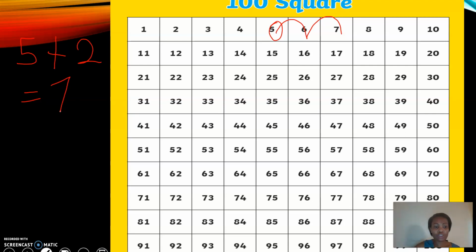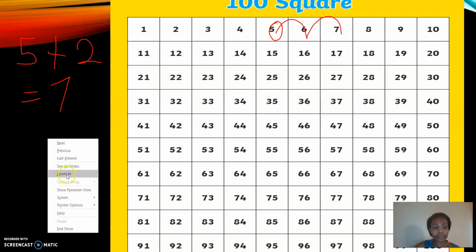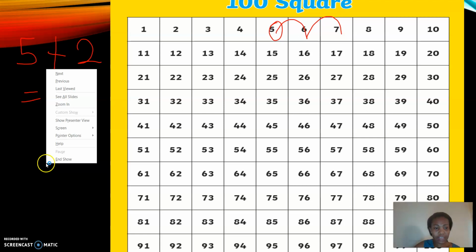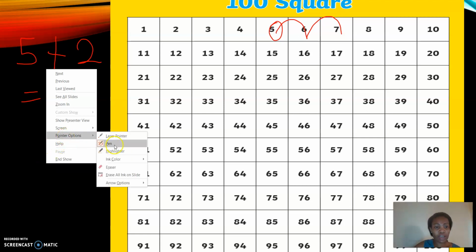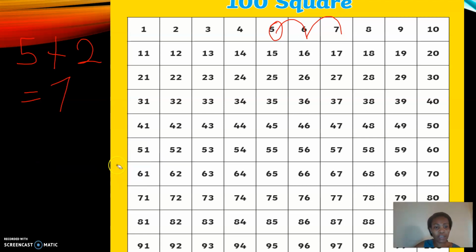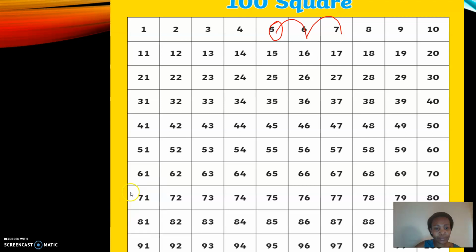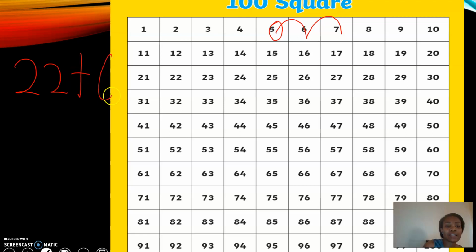Okay, so let's try another one here. Let me try and erase it first so that you can have a cleaner page. So if I write this time, okay, I have, let's say, 22 plus 6.